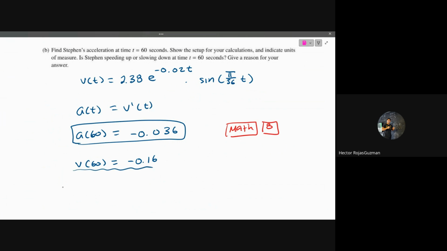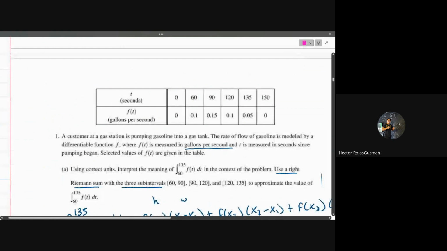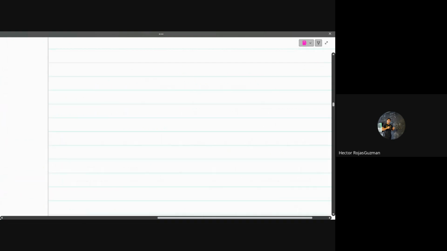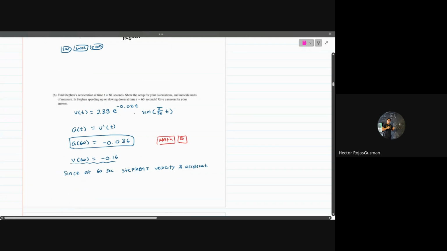So, since at 60 seconds, Steven's velocity, not just the velocity, and acceleration. Whoa. Where did my work go?